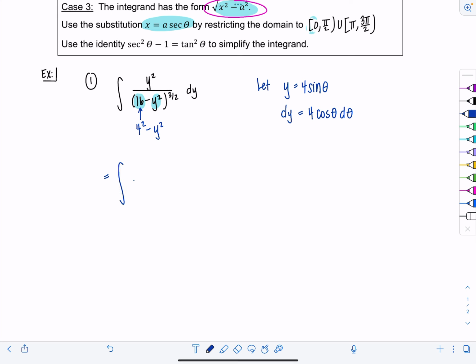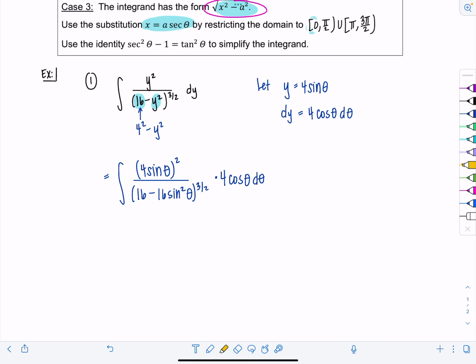So in the numerator, instead of y squared, I'm going to have (4 sine theta) squared. In the denominator, we have, again, 16 minus y squared. So that's going to be (16 sine squared theta) to the 3/2. And then lastly, dy is 4 cosine theta d theta.